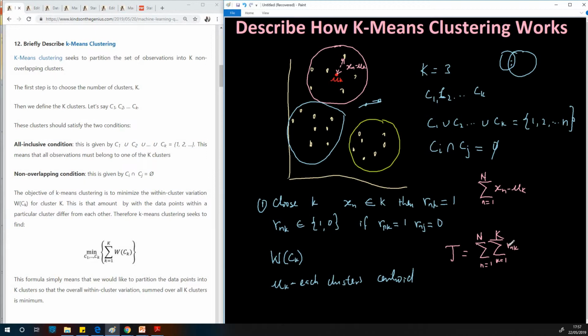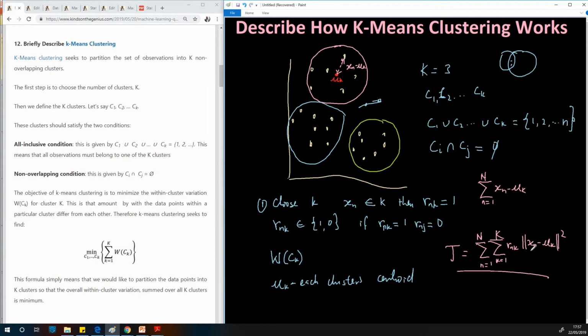When we are summing for a particular cluster, it's going to be 1. For others, it's going to be 0. We take the absolute distance between the centroid and the data points, and that gives us something like xn minus the centroid, squared.